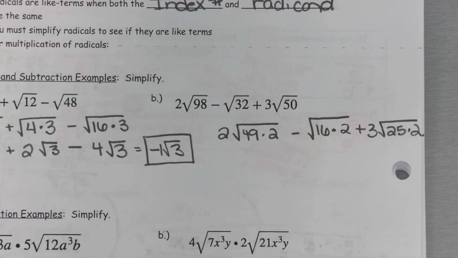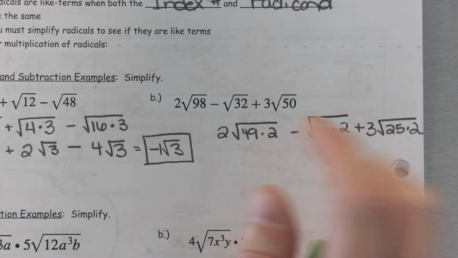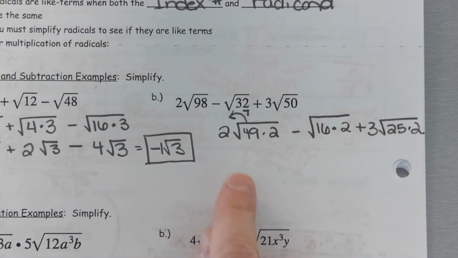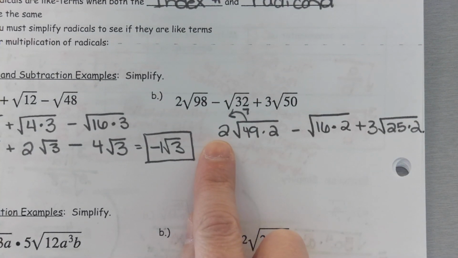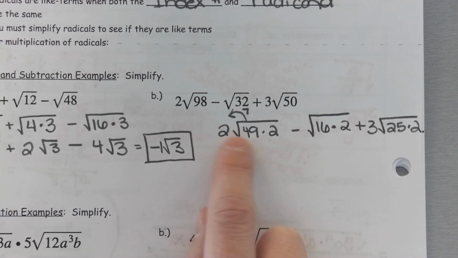Okay, here's a little bit of a trick though. When I go to square root the 49, what is it? 7. So there's the 7 that's coming out front, but do you see how there's already a 2 there? The 7 and the 2 get multiplied. Because the 2's just sitting there. It's not being added, right? It's being multiplied.